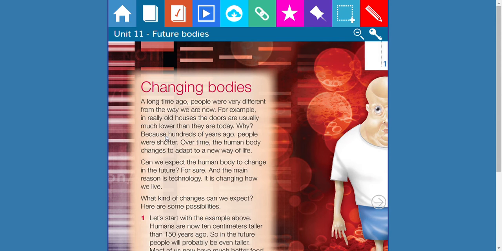Over time, the human body changes to adapt to a new way of life. Today doors are taller. Can we expect the human body to change in the future? For sure. And the main reason is technology. It is changing how we live.